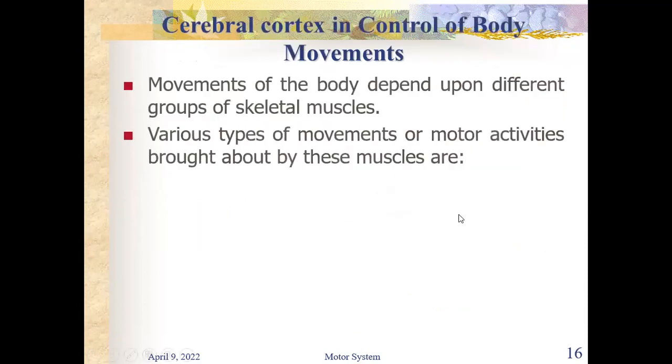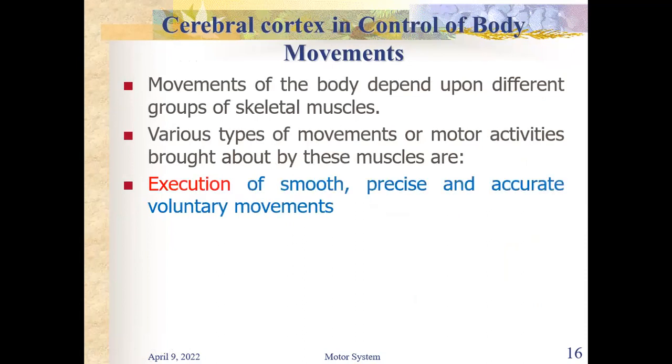We are trying to explain how the cerebral cortex controls body movements. Movement of the body depends upon different groups of skeletal muscles. The muscles you have in the hands are different from the muscles of the leg, and the muscles of the thighs are different from the muscles of the lower leg.